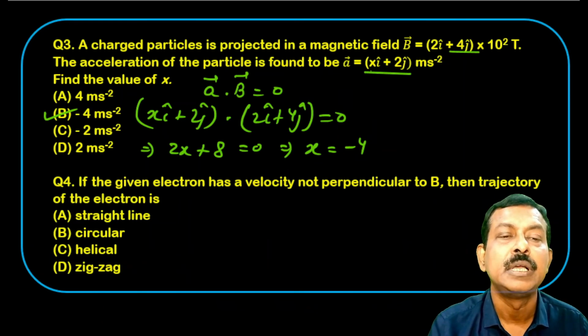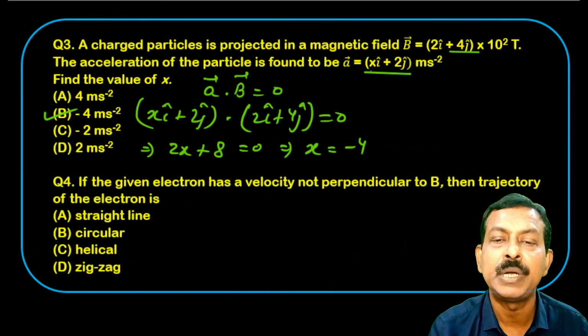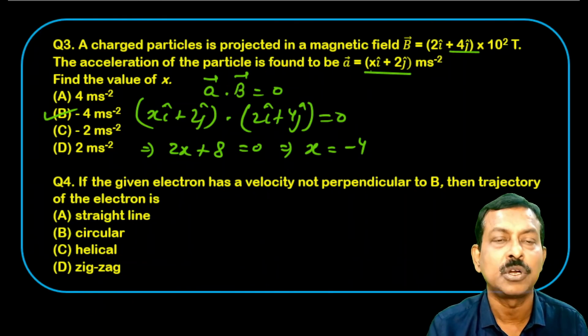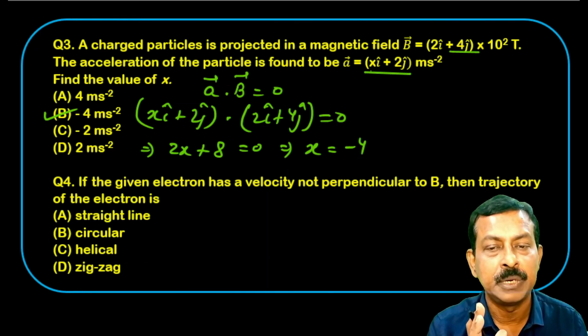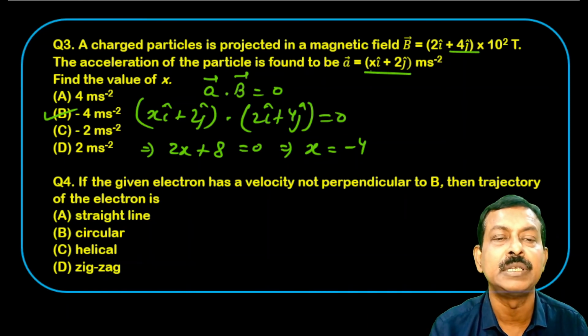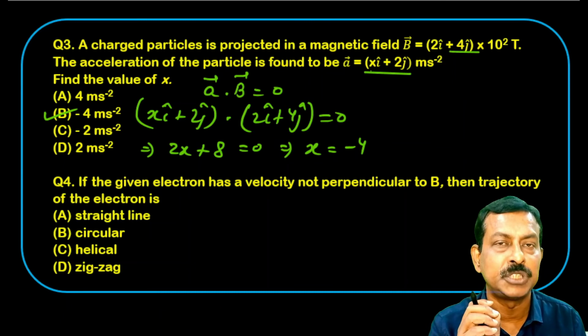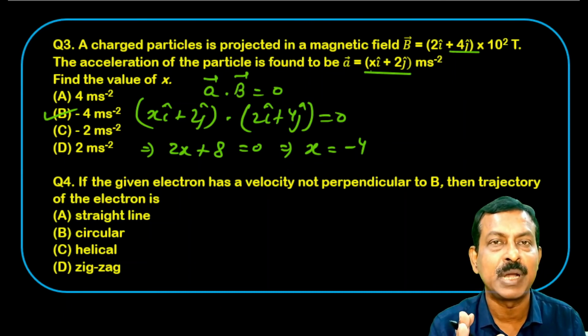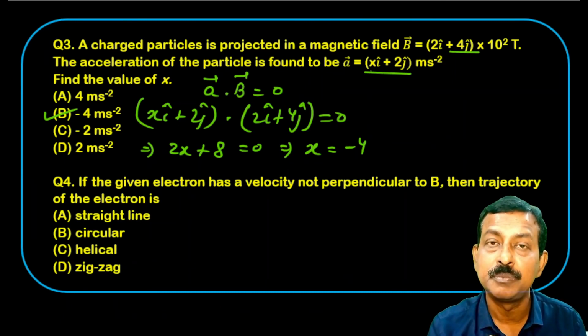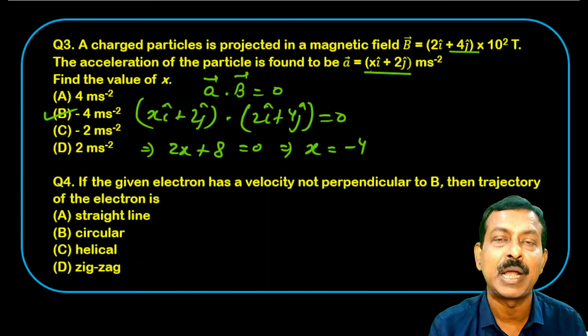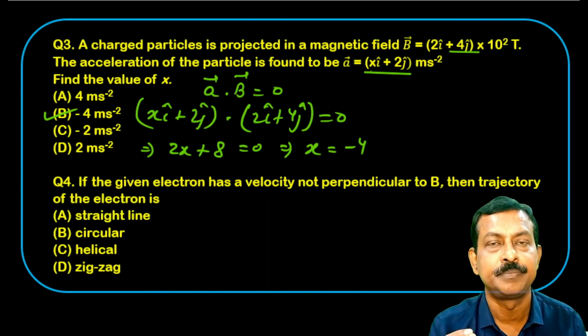Next question. If the given electron has a velocity not perpendicular to B, the electron is not moving in a perpendicular direction to the magnetic field, then the trajectory of the electron. Now, if a charged particle is moving in the region of a magnetic field and has velocity perpendicular to the magnetic field, the path is circular.